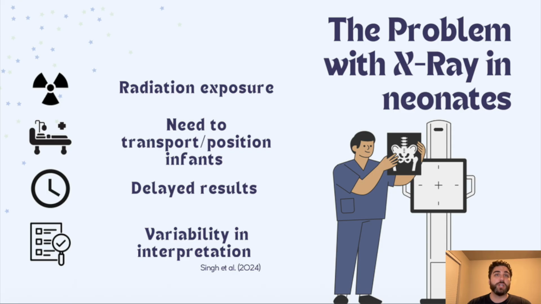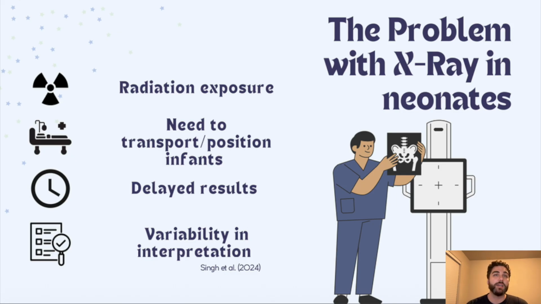Now, although chest x-rays have been the traditional method for assessing lung diseases, they do have several limitations. Infants are exposed, like I said, to radiation over the course of their NICU stay, and positioning them for imaging can be very stressful for both the babies and the clinicians who have to position them. X-rays also only provide a single snapshot in time of what the lungs are currently doing, and the results can be delayed until they are officially read by a radiologist.